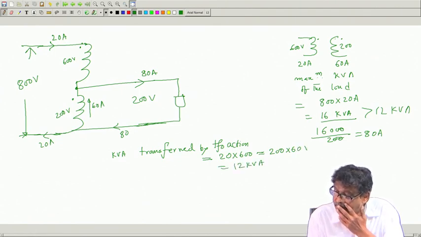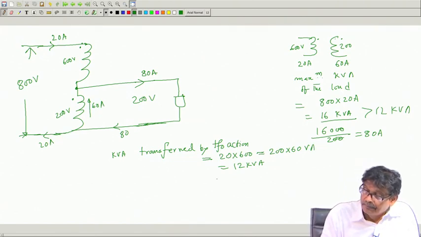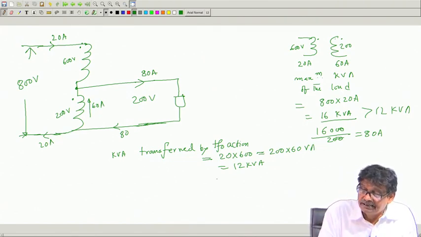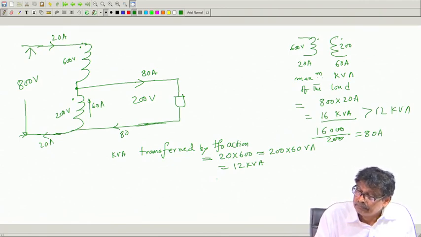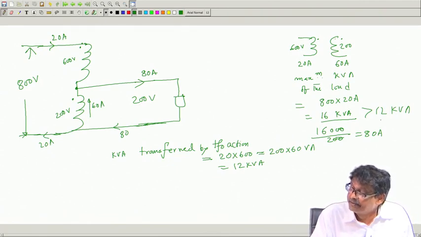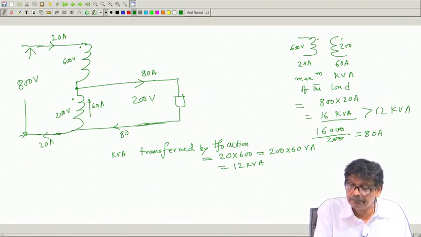These are volt ampere, 12 kVA, and I know what is the maximum kVA it can handle. That kVA is 16 kVA, this number.